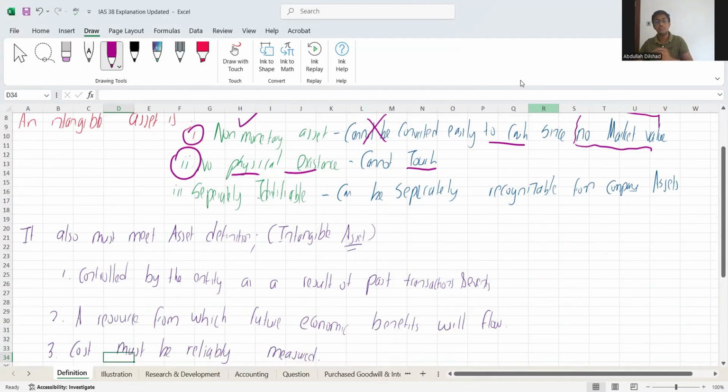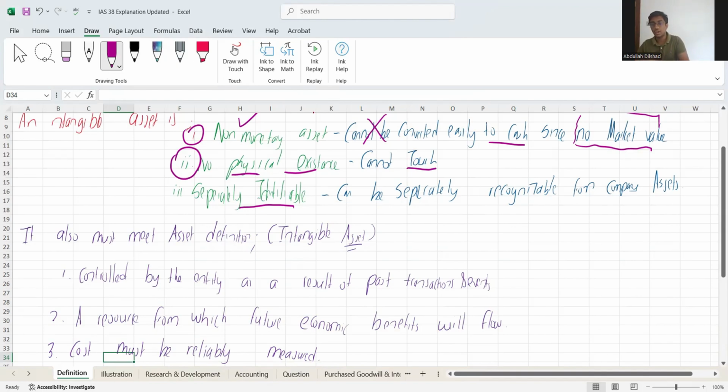Finally, separately identifiable. What I mean by separately identifiable is that normally when I'm presenting my financial statements, I will categorize my assets into two parts. Do you all remember non-current assets, current assets? The same thing applies for your IAS 38 intangible assets also. You will categorize tangible assets separately as well as intangible assets separately.